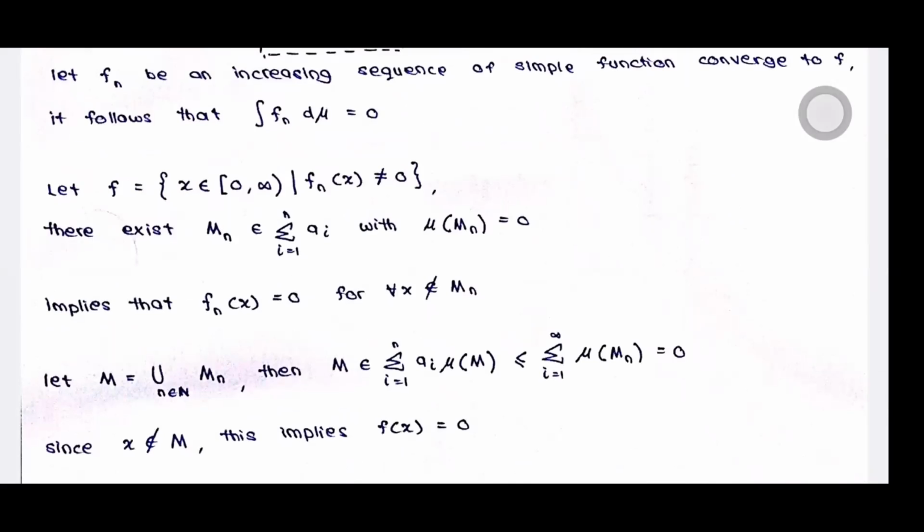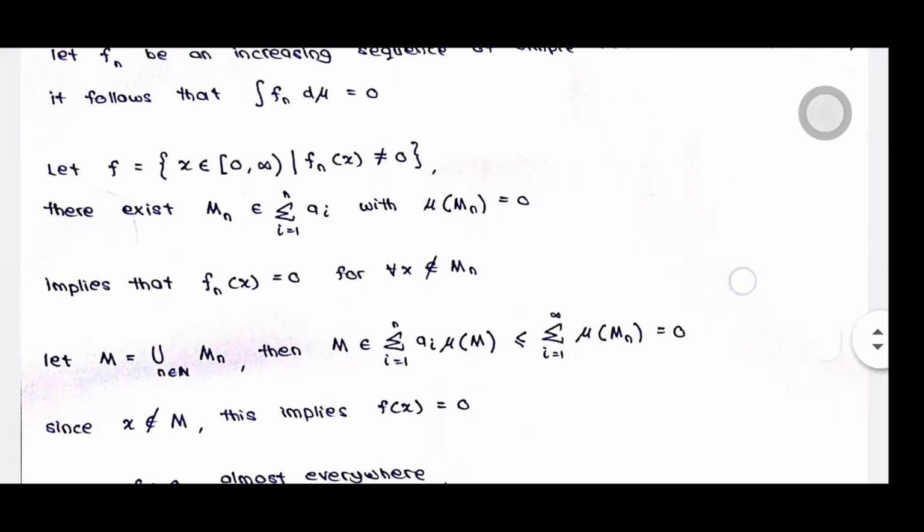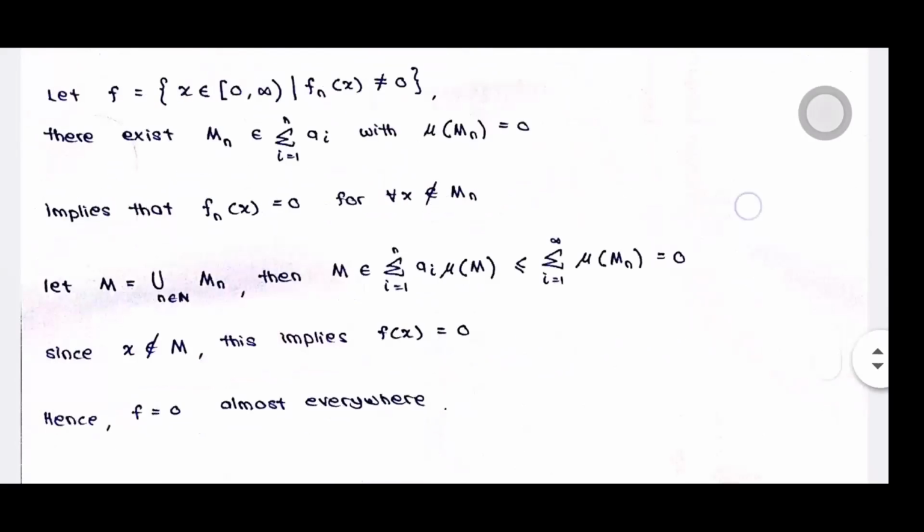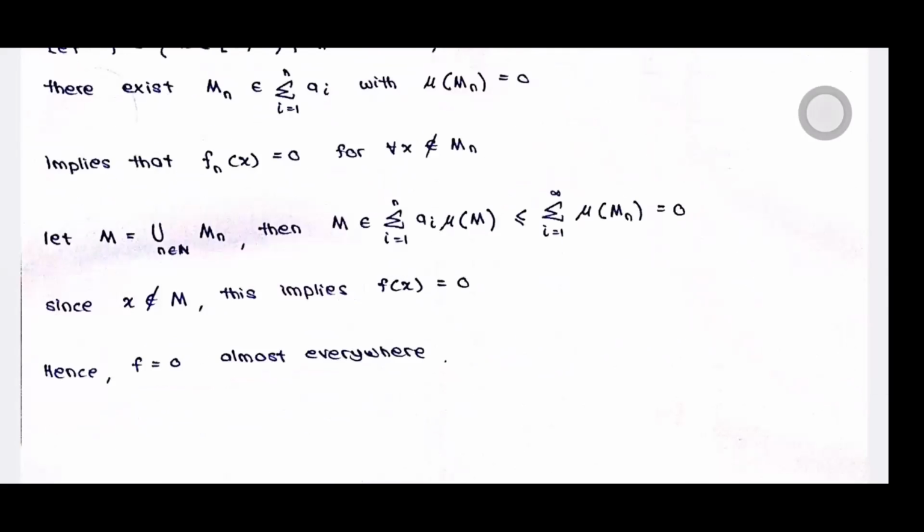Then let M equal the union of Mn, then M is contained in a summation of Ai with measure of M less than or equal to the summation of measure of Mn. As we know that measure of Mn is equal to 0, for x not in M, this implies that f(x) equals 0. Hence, f equals 0 almost everywhere.